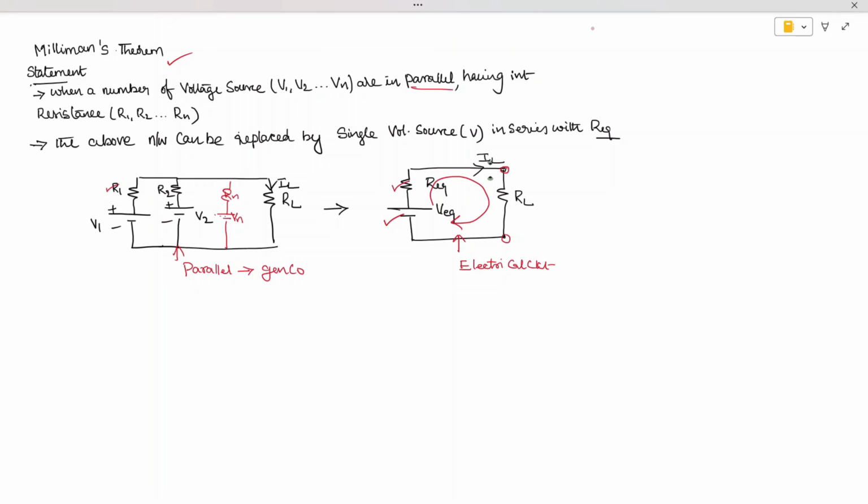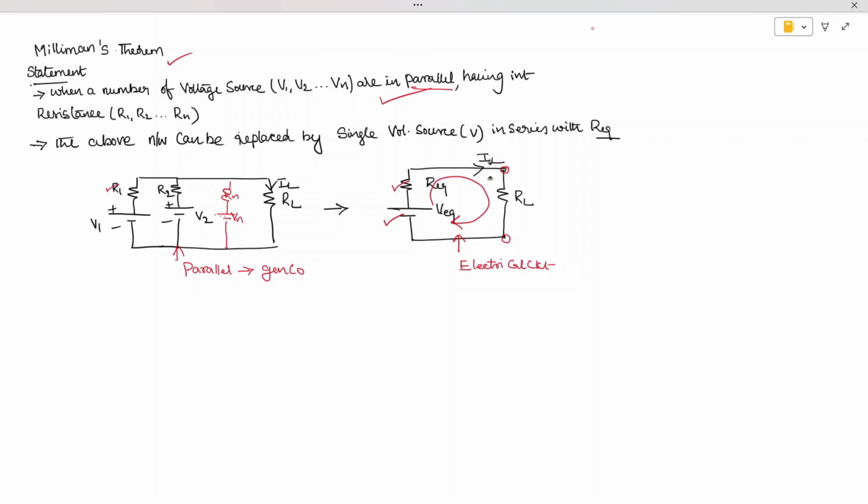This theorem is more applicable when you have more generators connected in parallel. In a generating station they have around 4 to 5 generators. For example, if they want to turn off one generator, they turn off only one and the remaining three will be in action. If you had a single generator rather than 4 generators, and any problem occurred in it, complete power would be interrupted.